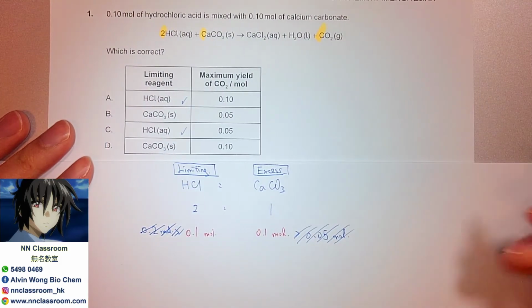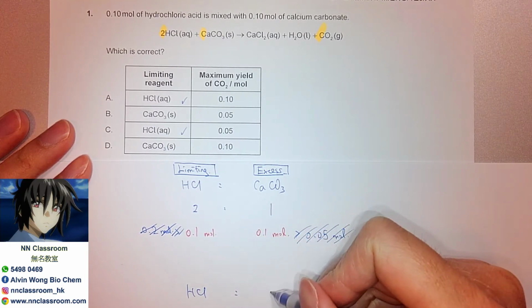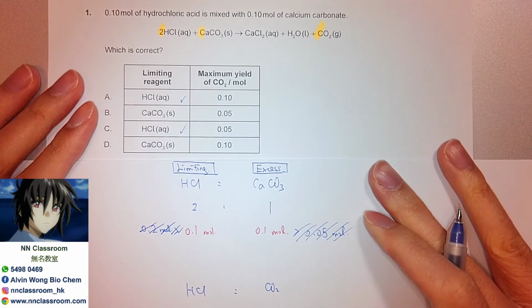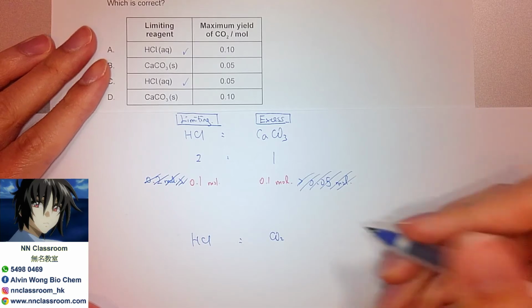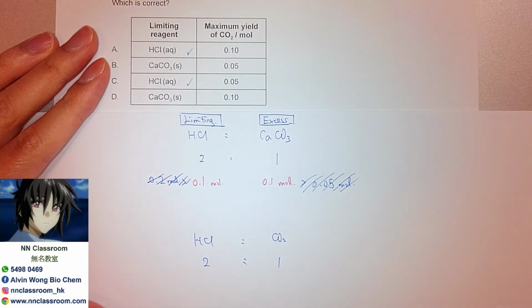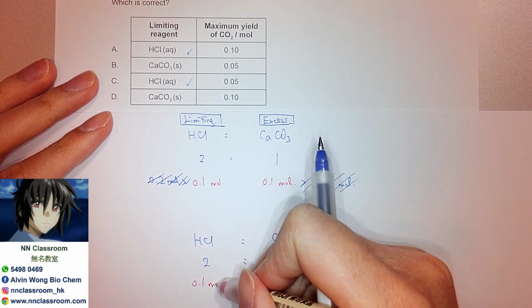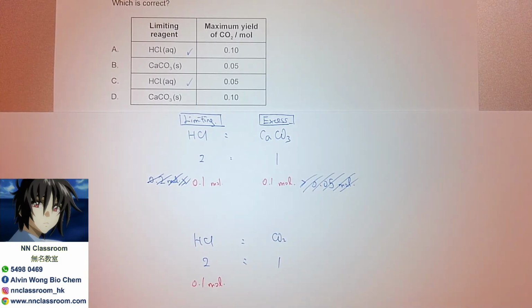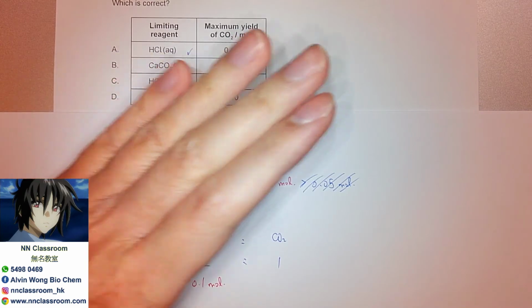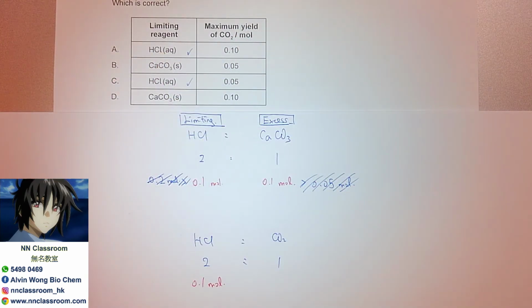Also in this case, that means the HCl to our CO2 is also going to be 2-to-1 according to the recipe. And now I'm given the limiting reagent to be 0.1 mole. Mind you that we must use the limiting reagent to project any of the product yield, because the excess is not going to be totally consumed after the reaction has finished.